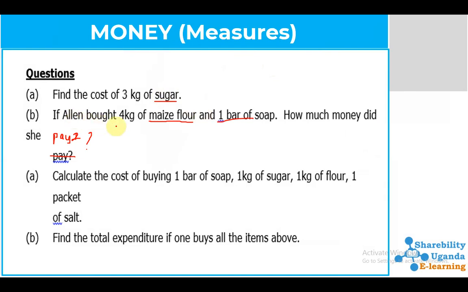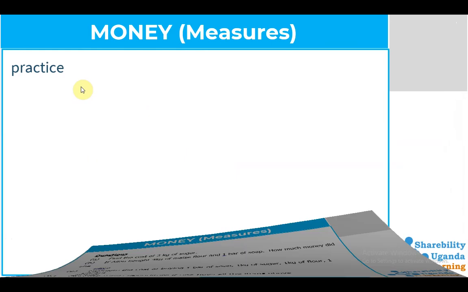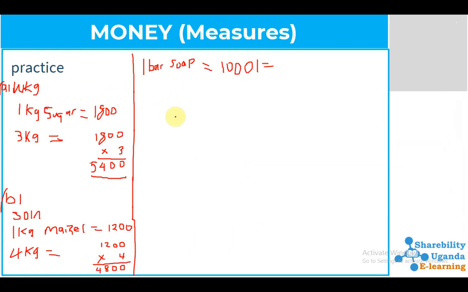Alright, so now let's look at what they want. They are saying if Alan bought 4 kilograms of maize flour and 1 bar of soap, how much money did she pay? So this means how much money was Alan able to pay. She paid for the 4 kilograms of maize flour and the 1 bar of soap.